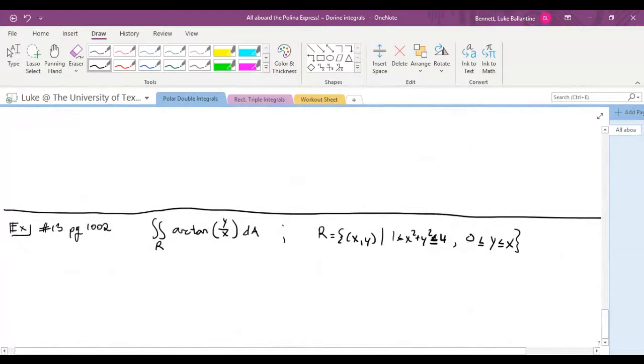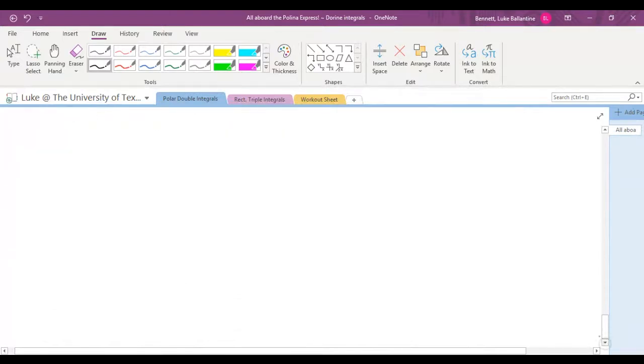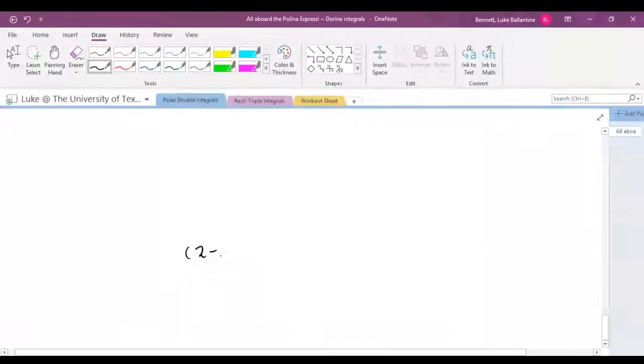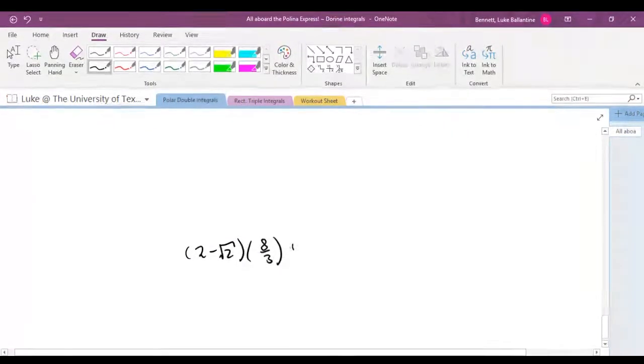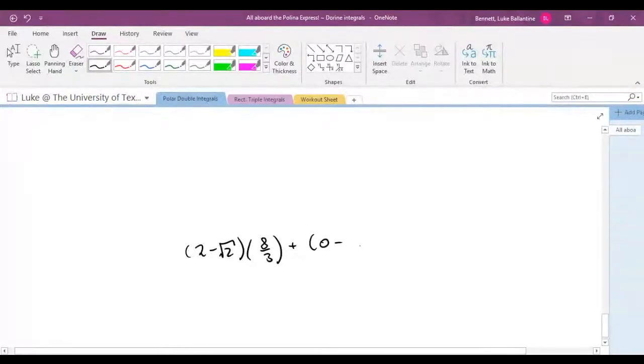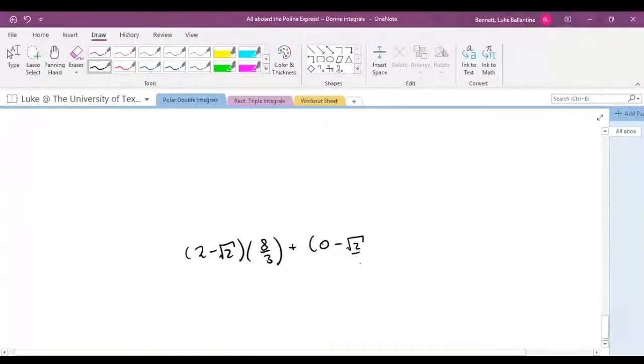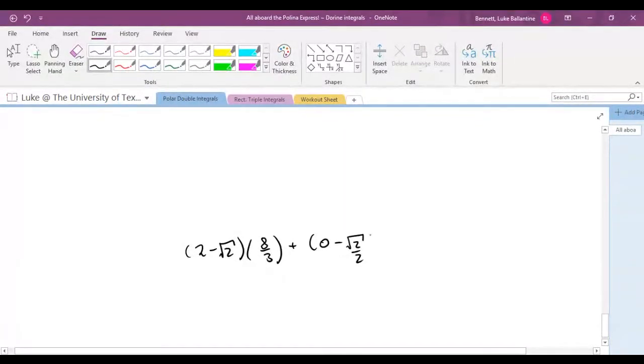So if I'm not mistaken, we had 2 minus square root of 2 times 8 over 3, plus 0 minus square root of 2 over 2 times 8 over 3.